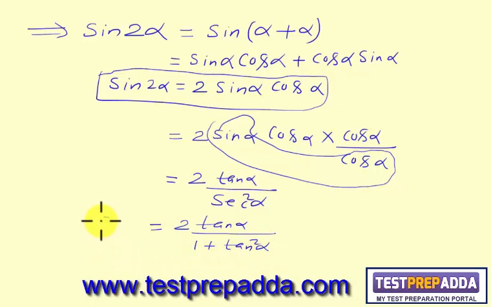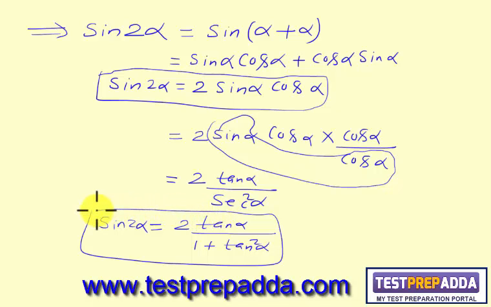Okay, so we got another interesting identity. Sin 2 alpha is equal to 2 tan alpha upon 1 plus tan square alpha. We got sin 2 alpha here as 2 sin alpha cos alpha, and here as 2 tan alpha upon 1 plus tan square alpha.